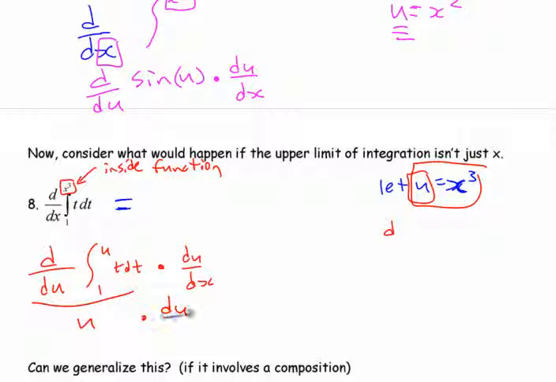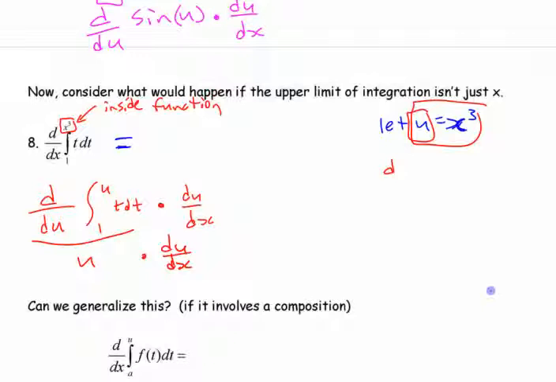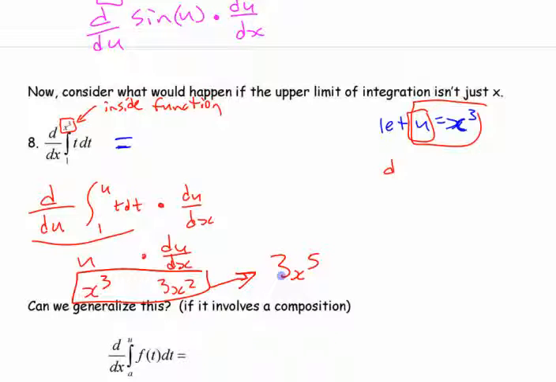Then what's du dx here? 3x squared. What was u that we started with here? 3x to the fifth.